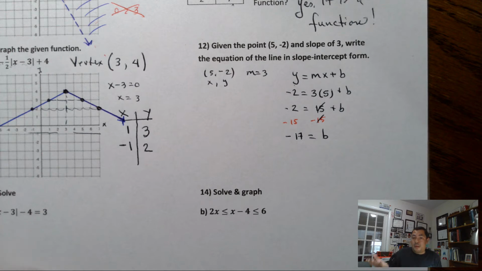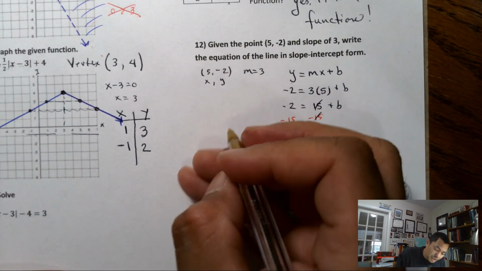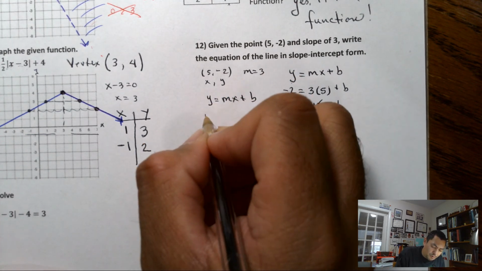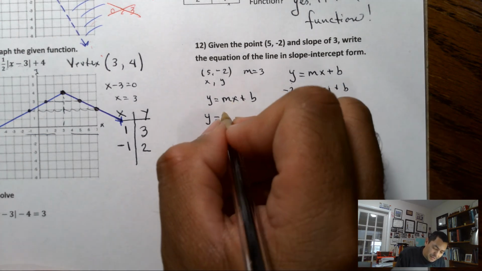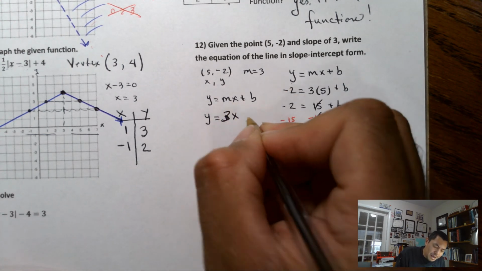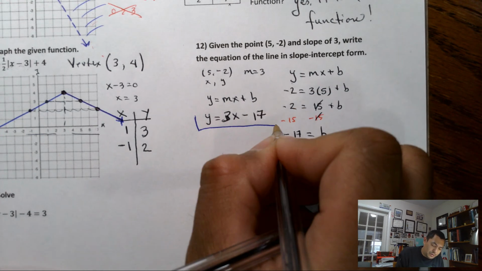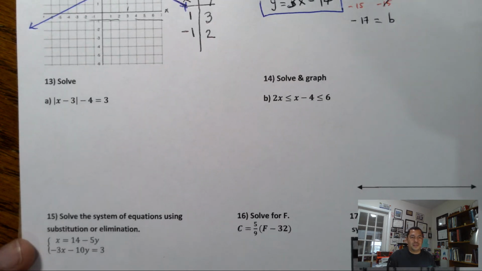Remember, we need to write the equation in slope-intercept form. So y is equal to, the slope is 3, so I have 3x minus 17. That's the solution.